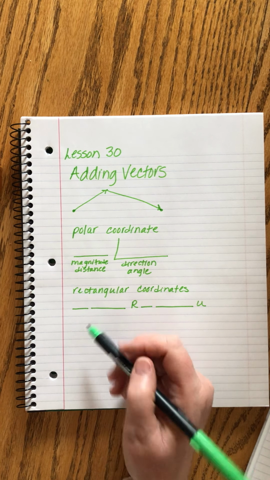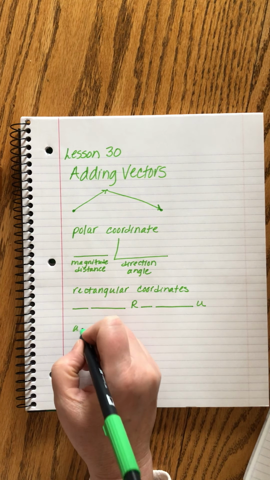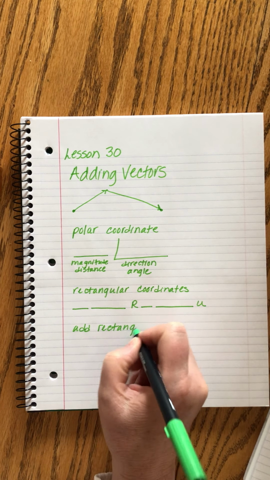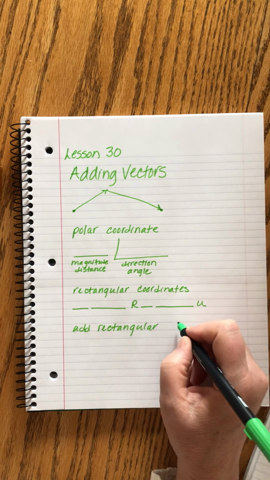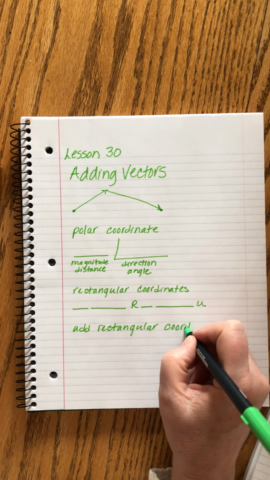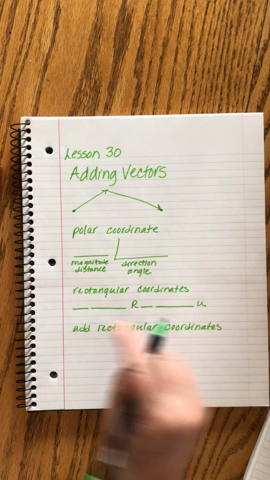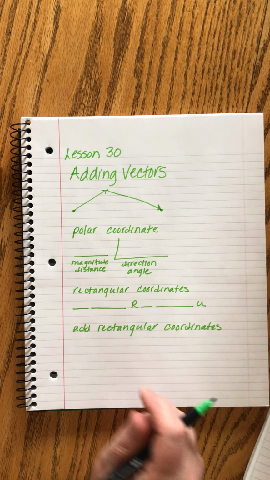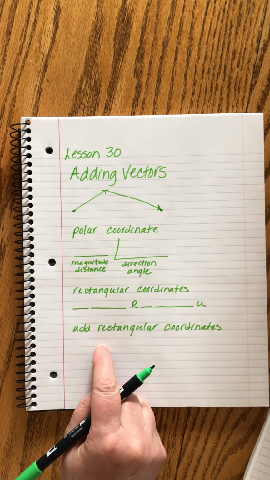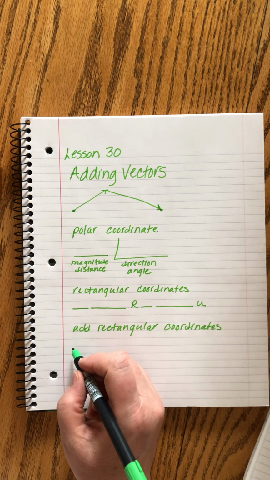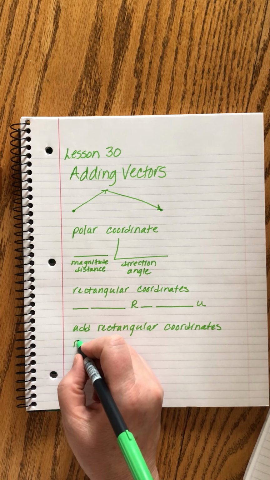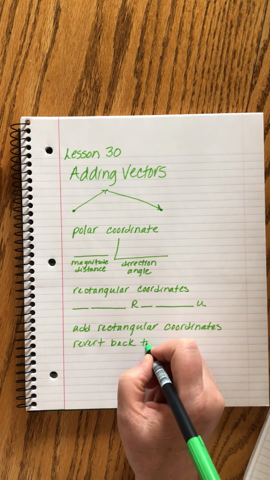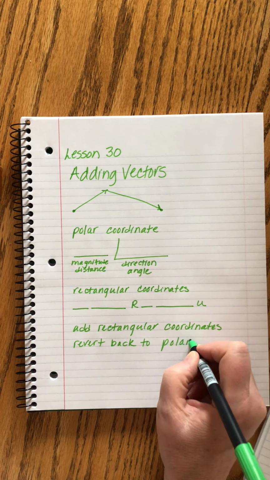Now, once we switch them into rectangulars, we can actually add rectangular coordinates. Right? And that's easy. We just stack them on top of each other and literally just add them, right? The numbers add and subtract. That's really straightforward. And then sometimes we have to revert back to polar coordinates.